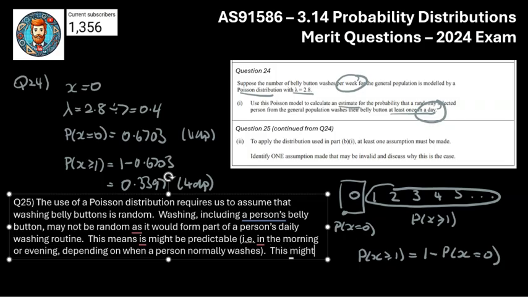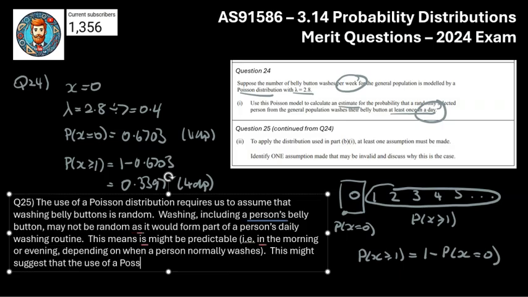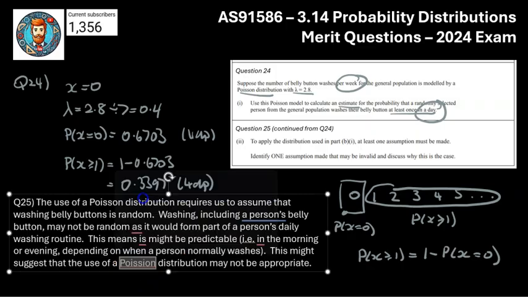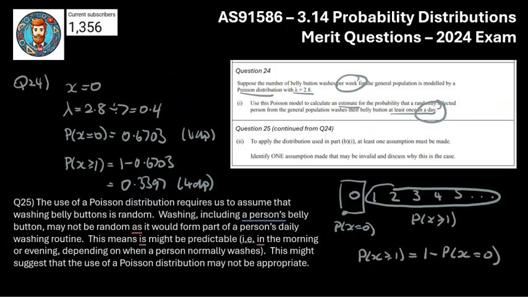This might suggest that the use of a Poisson distribution may not be appropriate. So I think that was a nice sentence. This here was a nice cruisy one. A lot of people might want to talk about independence here, but I think the randomness chat is a really, really good one. And it's the one that Model Arts has talked about as well.